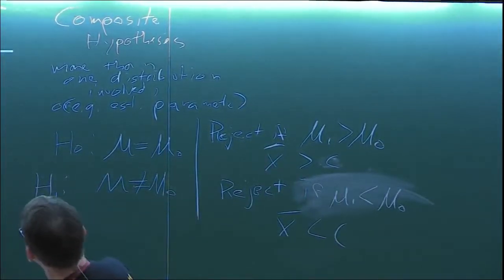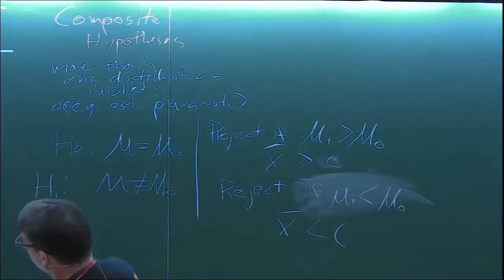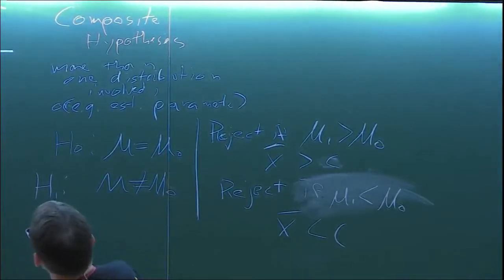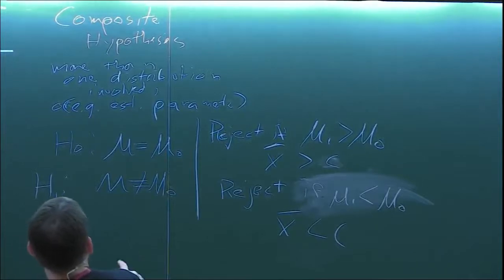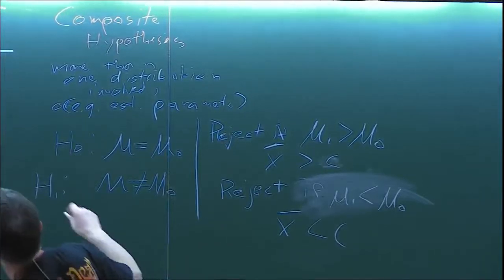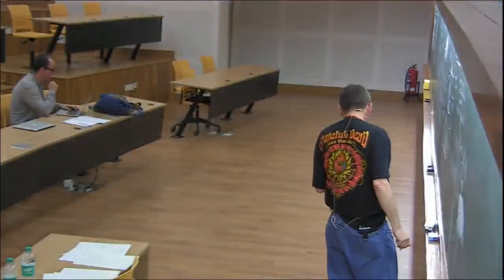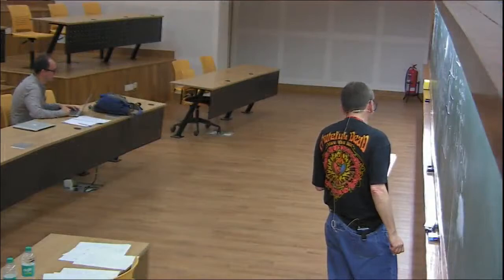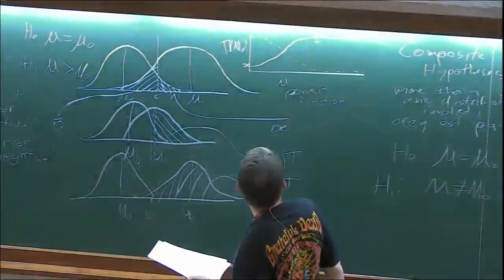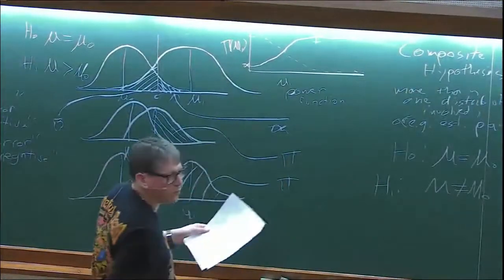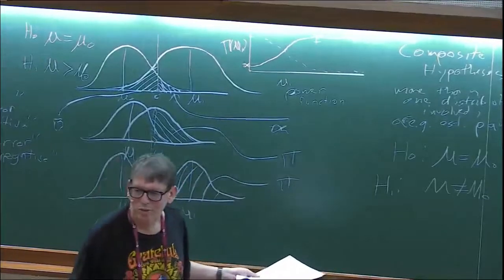Essentially there you have two different things playing off against each other, because the power curve for this tends to look like that. You don't know what the true mean is.